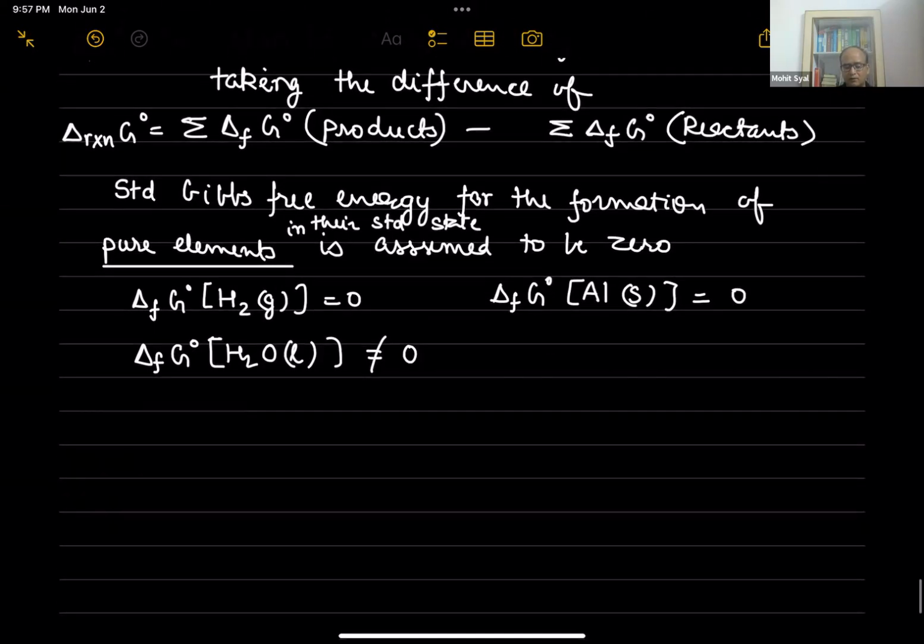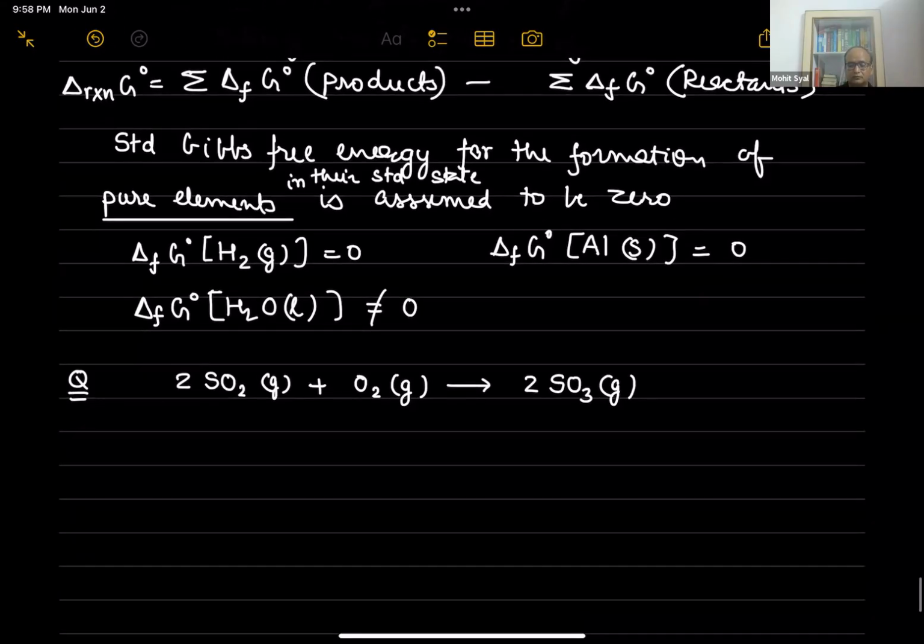I am giving you a question where sulfur dioxide reacts with oxygen, giving you sulfur trioxide, at 298 Kelvin, which means at 25 degrees Celsius.